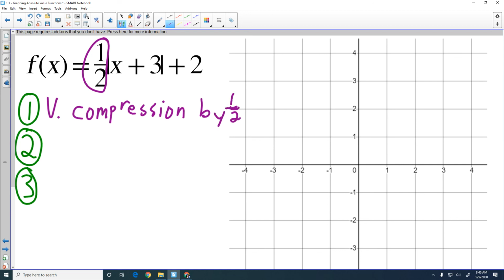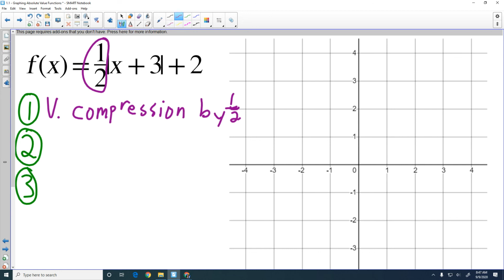Whatever that number is, that A, that tells us how much it's going to be stretched or compressed by. So this means that from our basic parent function, there's going to be 1/2 of the original height. So instead of over 1 up 1, it's going to be over 1 up half, over 1 up half that distance.